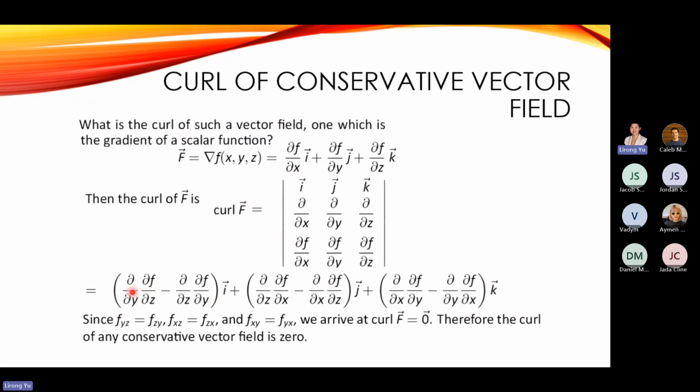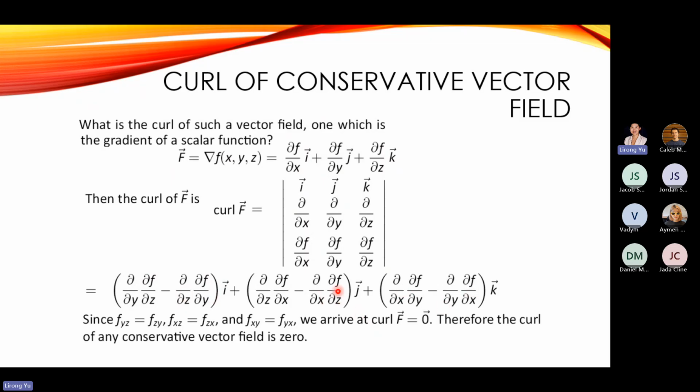See this. So we end up having the second derivatives d²f/dydz minus d²f/dzdy. According to multivariable differentiation, we see they're the same. I mean, f_yz minus f_zy is the same, or f_zx minus f_xz is the same.